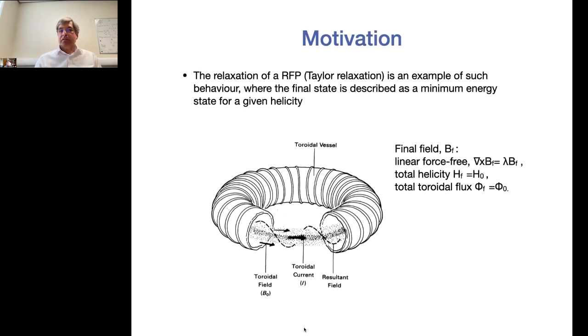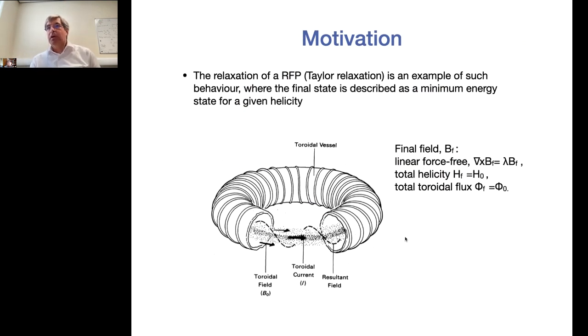Right. This kind of scenario was behind an important application where already in the 70s, J.B. Taylor predicted that the reversed field pinch will settle down after an initial turbulent state to a linear force-free field. So curl B is lambda B, preserving the total helicity in the domain, so in this toroidal vessel, and the toroidal flux.